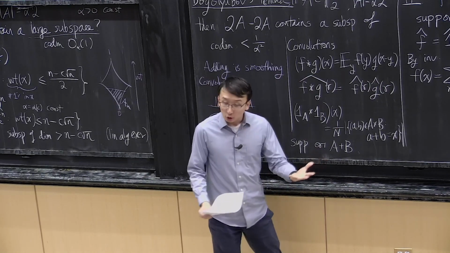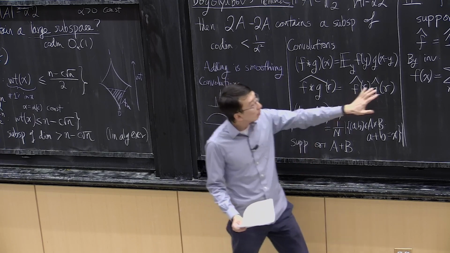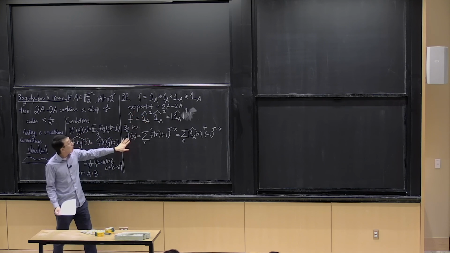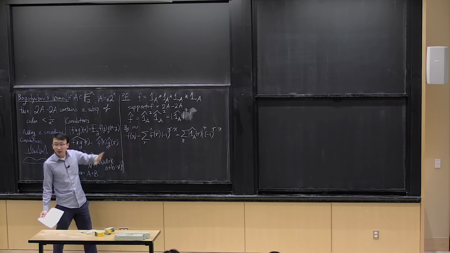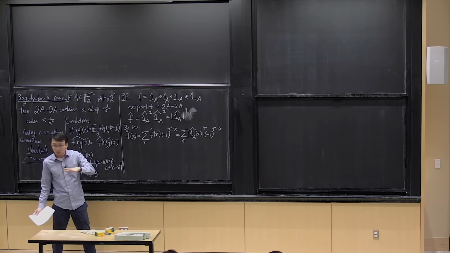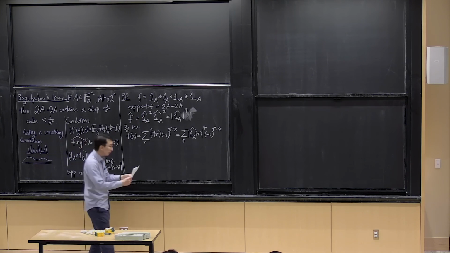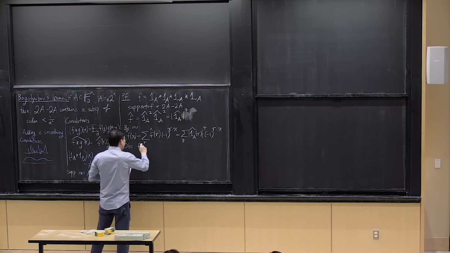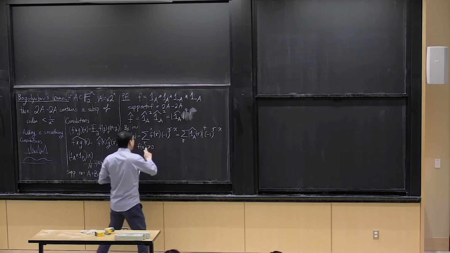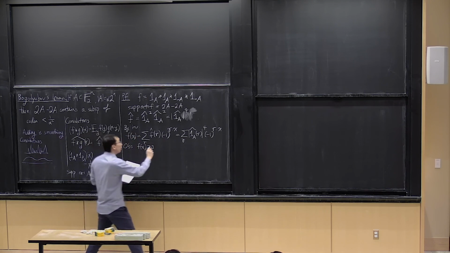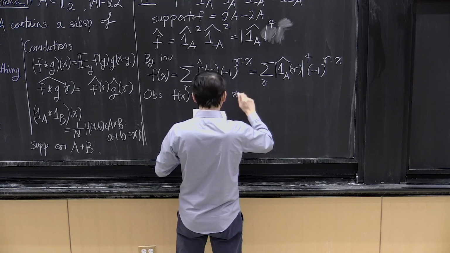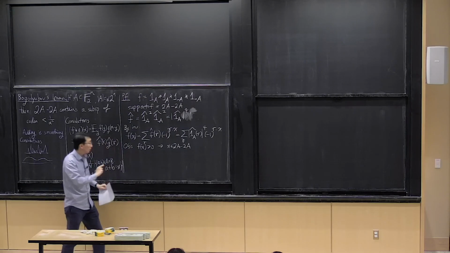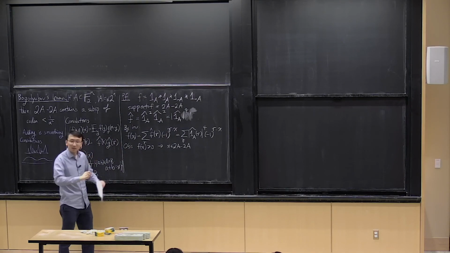We want to show that f, whose support is the 2A minus 2A we're interested in, has support containing a large subspace, a small codimensional subspace. Observe that if f of x is positive, then x lies in its support.